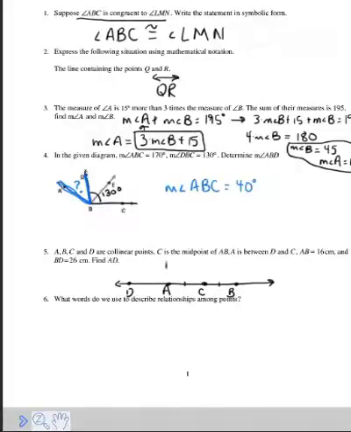From A to B is 16, and from B to D that's 26, so find the measure from A to D. It's got to be 10, because 10 plus 16 is equal to the full distance of 26.